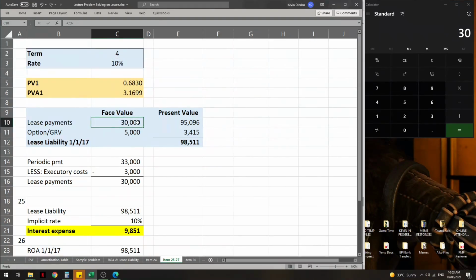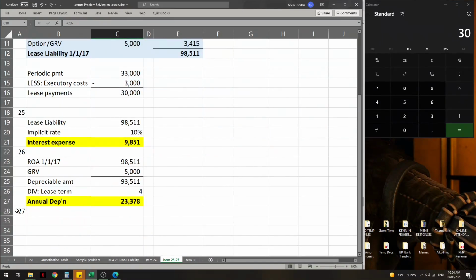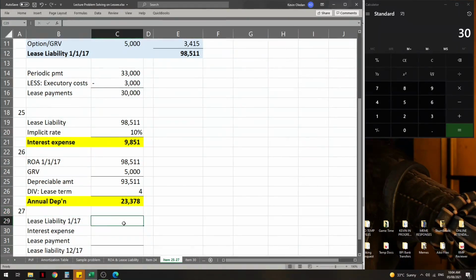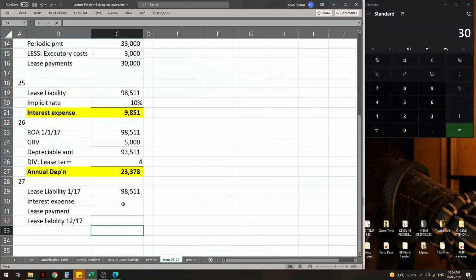Tapos ang payment natin is 30,000 for the lease, related to the lease only ha. All you need to do right now is get that balance of January 2017 lease liability. Tapos, i-add natin dyan ano ang interest expense, which is 10% of this.